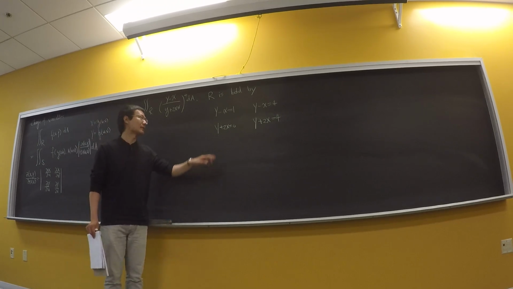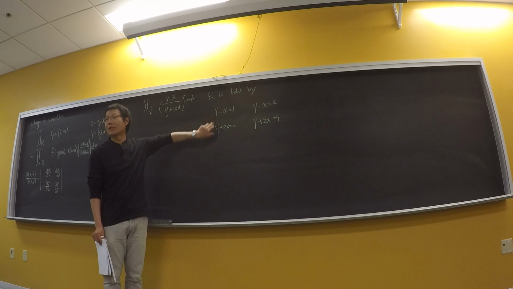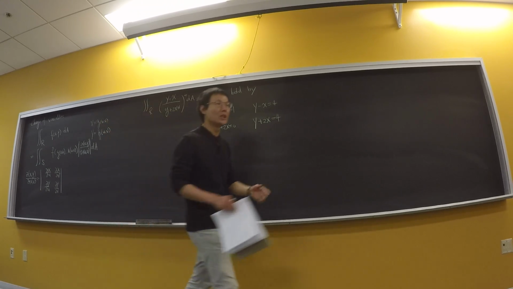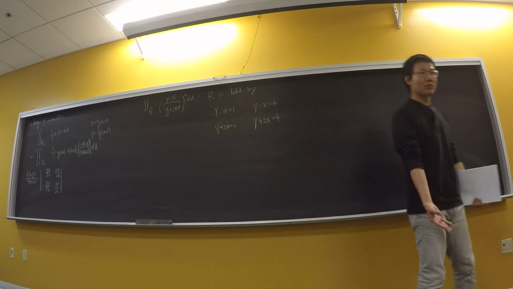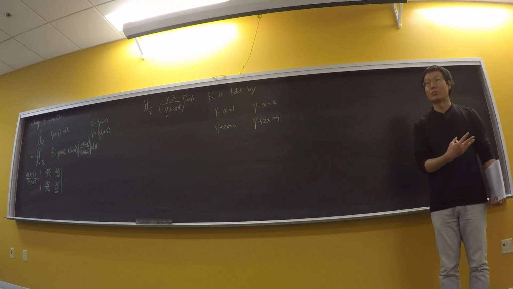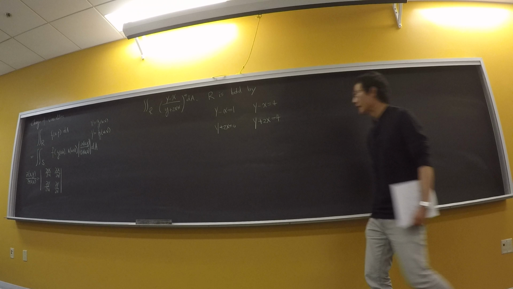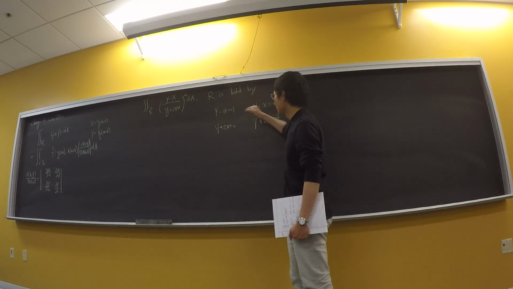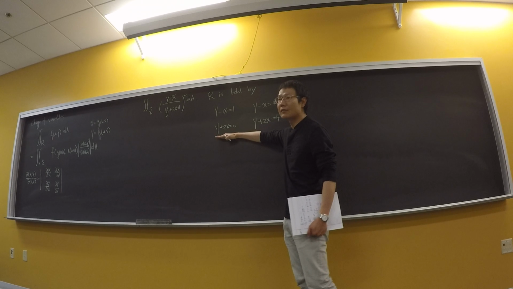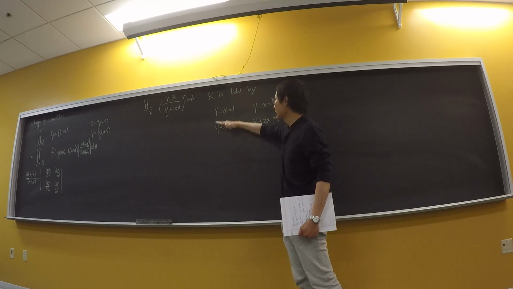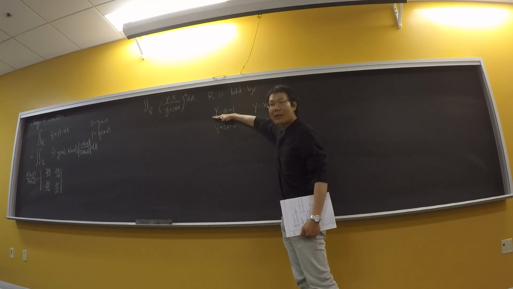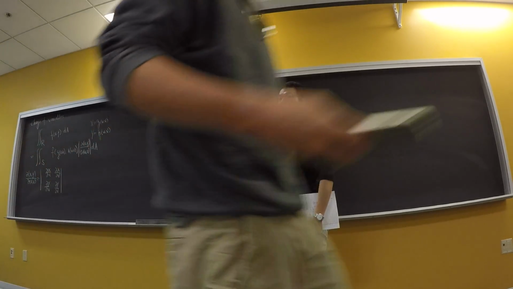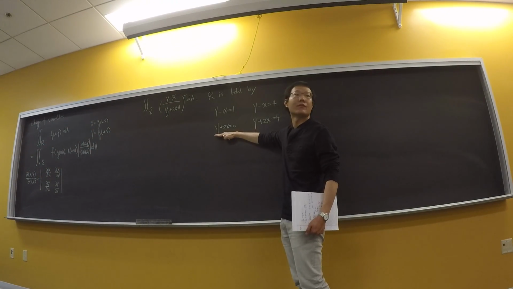So we want to decide u is equal to whatever, v is equal to whatever. Every time you introduce a new pair of variables, you want to decide which formula it is connected to the old pair. Fortunately, there's a clear link between these equations. If you look at these four equations as the boundary defining functions of x, y, clearly I want to have y minus x as my new variable u, and y plus 2x as my new variable v.